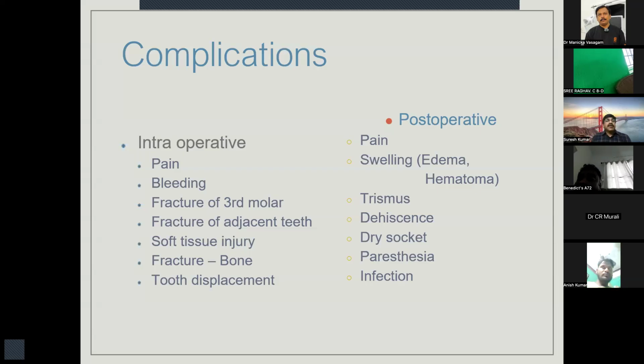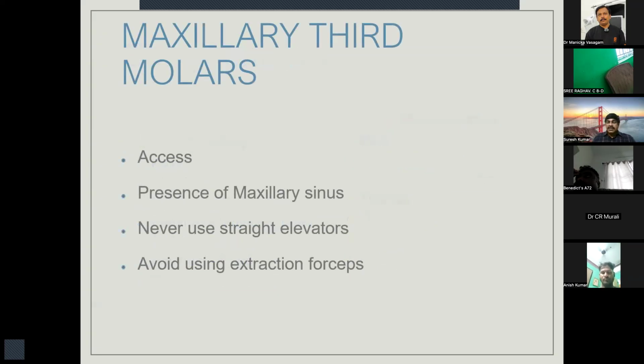The inferior alveolar nerve paresthesia is relatively safer because there is a contained tube, the canal, in which the injured nerve can regenerate and repair. The paresthesia can recover. But if it is injury to the lingual nerve, it's very difficult for spontaneous recovery. And we also have the possibility of infection, because it's a surgery.